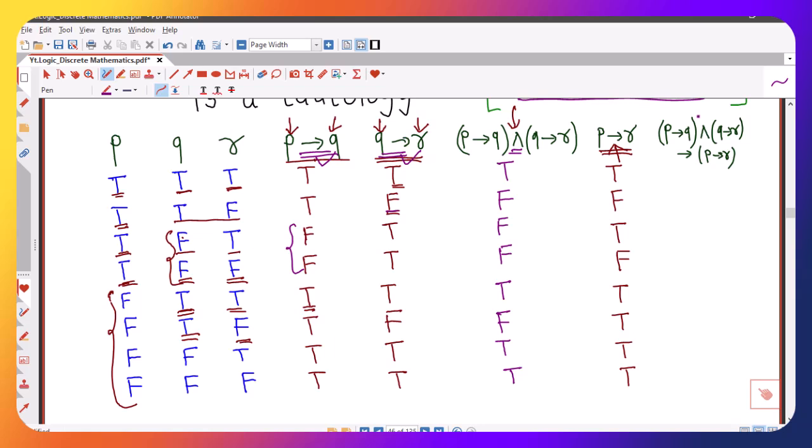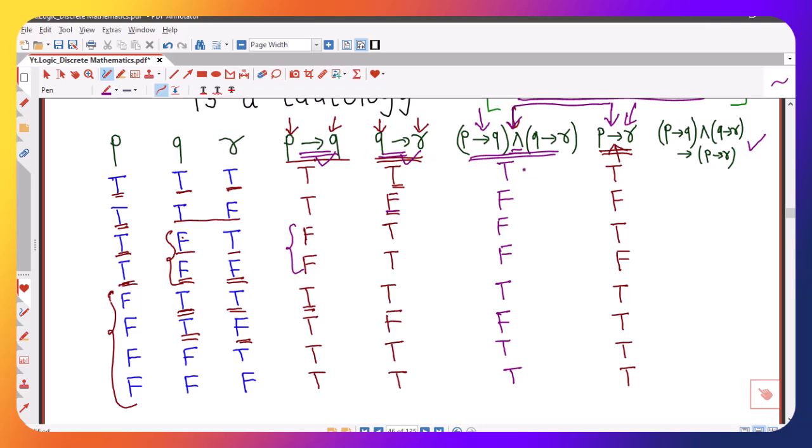And in the next step we have to find out this conditional statement, that is, this implies p to r. So now we are applying implication of these two. This implies p to r, and again we know that this is false only if the first statement is true and the second statement is false.